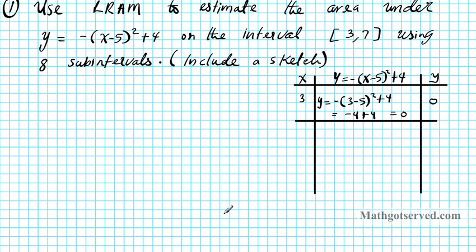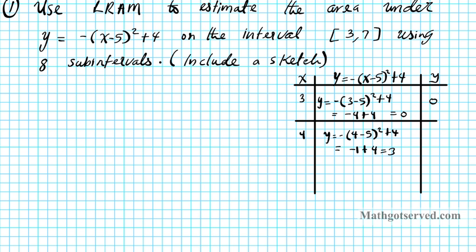And then the next one is 4. I'll plug in 4 into the function: y equals negative (4 minus 5) squared plus 4. So 4 minus 5 is negative 1, squared is just 1. So it's going to be negative 1 plus 4, which is 3.